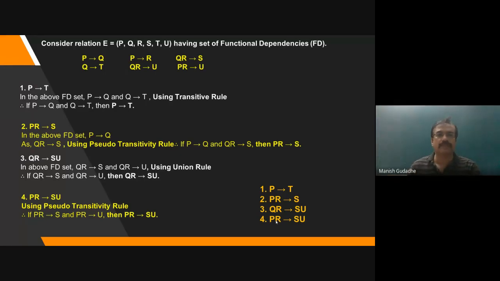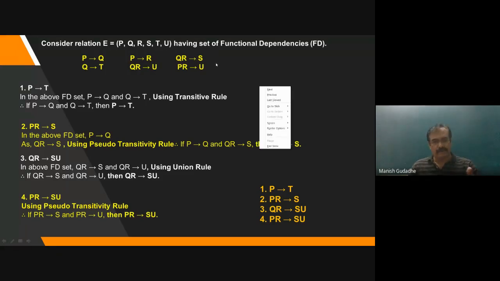Like in this case I can say that P is going to infer Q, P is going to infer R, Q and R are going to infer S. So that way we are finding out, like here Q is inferring T.